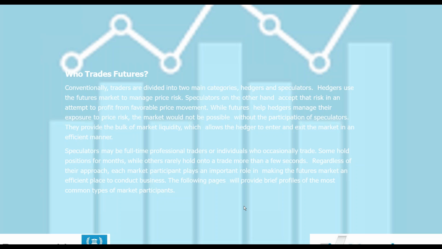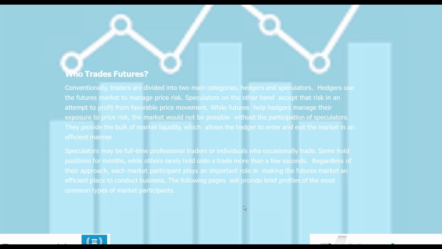While futures help hedgers manage their exposure to a risk, the market would not be possible without the participation of speculators. They provide the bulk of market liquidity, which allows the hedgers to enter and exit the market in an efficient manner.